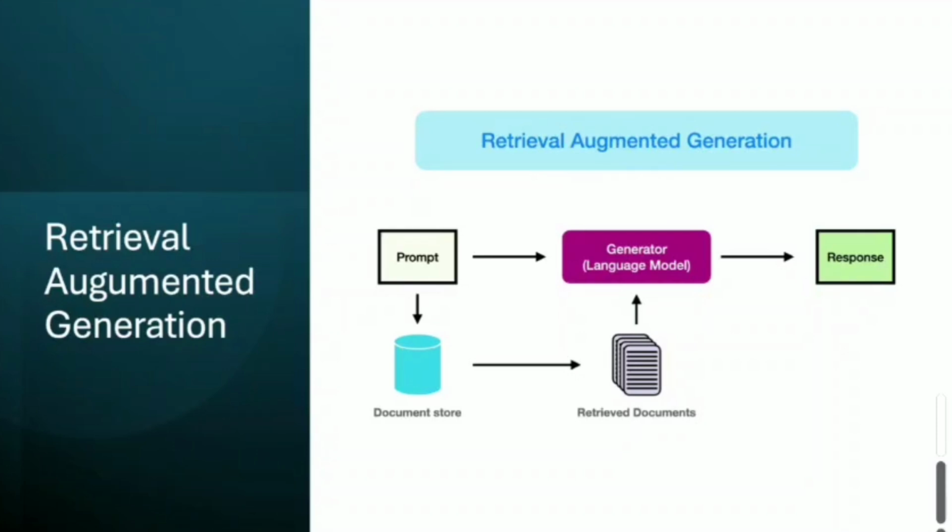So even though it was not trained on it, because you supplied this extra context based on the document or contract, it's able to give the proper response. This is called RAG, or retrieval augmented generation.